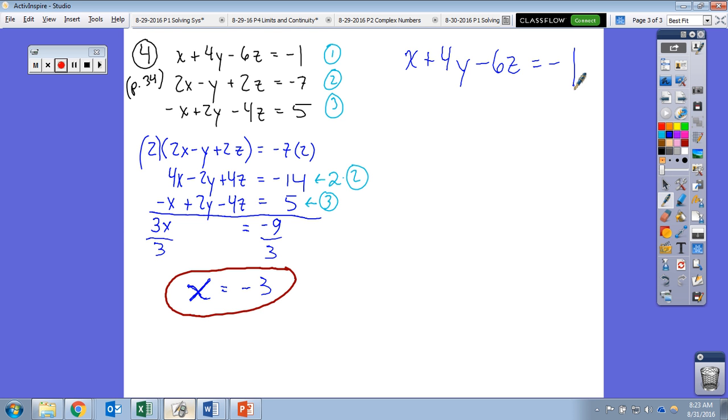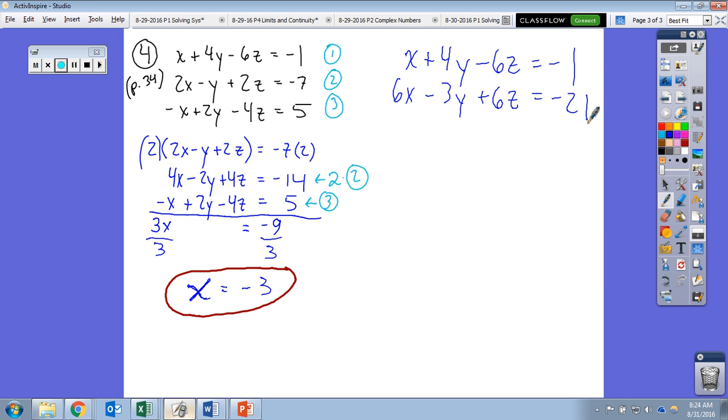Would it be 6x, right? Yep, so 6x minus 3y, I mean minus 3y. Plus 6z. Very good. Negative 21, very good.